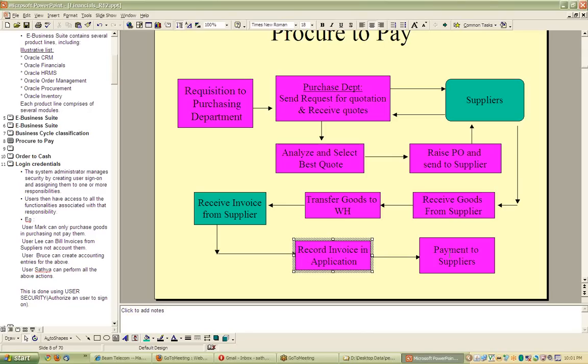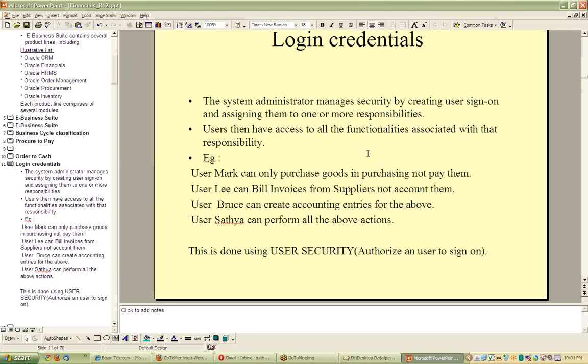If the same user raises the purchase order, bills, and makes the payment, there can be a greater chance of fraud in the system. So a system administrator is responsible for creating user sign-ons and assigning them to one or more responsibilities.